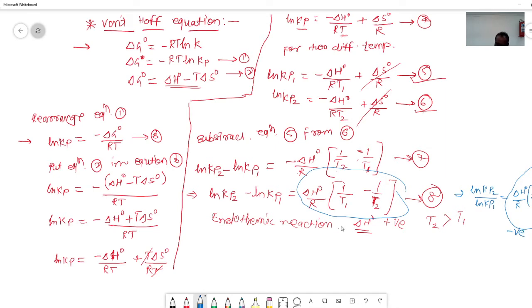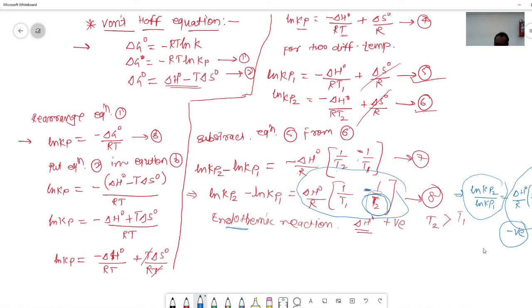Why negative? For the endothermic reaction, if we increase the temperature, this T2 value will be the higher one, and this is the negative value. Therefore, this term, ln Kp2 divided by ln Kp1, comes out to be negative, since delta H0 is positive.